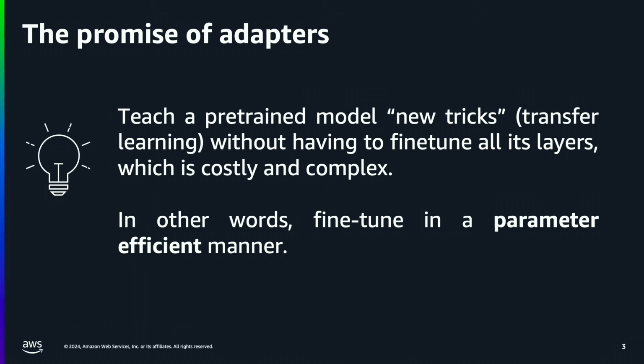And so the parameter efficient fine-tuning technique, which we also call PEFT, offers an effective solution by reducing the number of fine-tuning parameters and memory usage while achieving almost comparable performance to full fine-tuning.